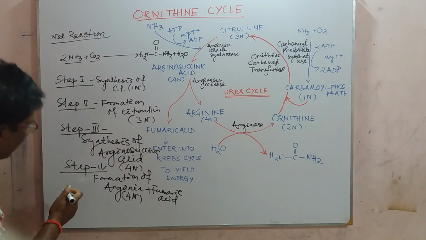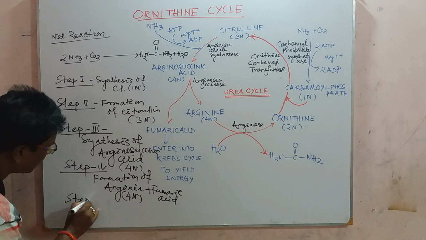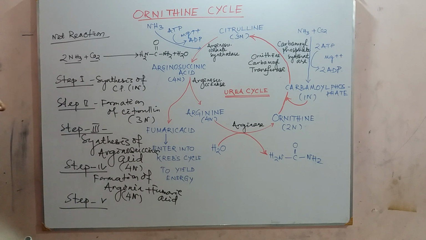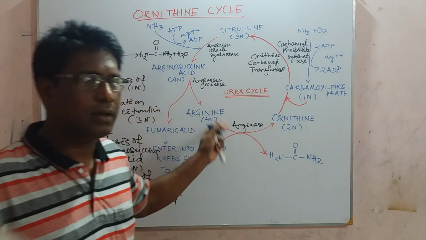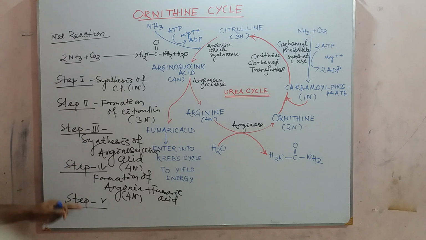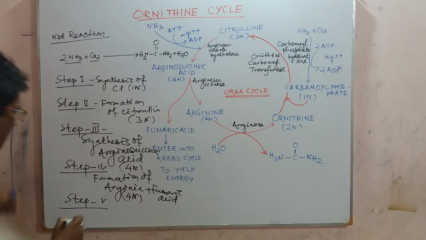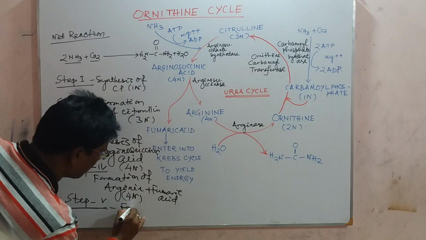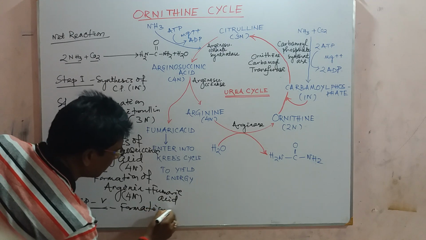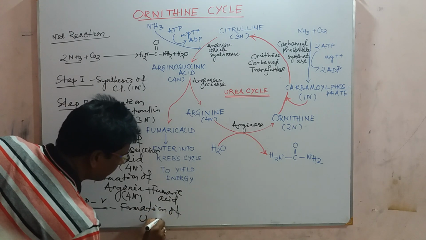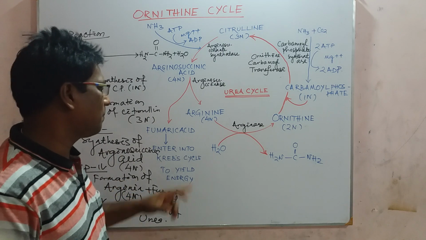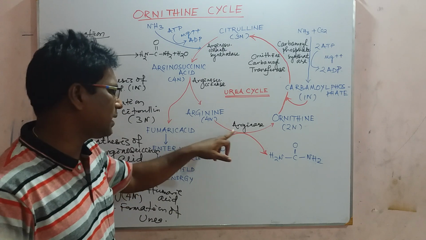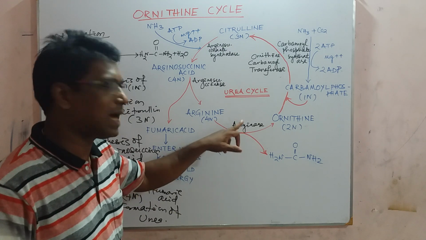Step 5 is the last step of the urea cycle. As earlier I have told, this complete cycle is completed by 5 different steps. So the final and 5th step of this cycle is formation of urea. At the final step, urea is formed from arginine in presence of an enzyme named arginase.